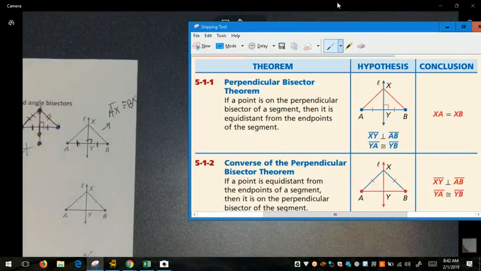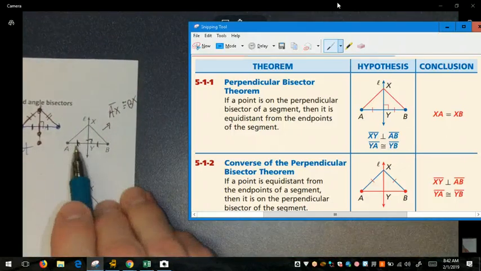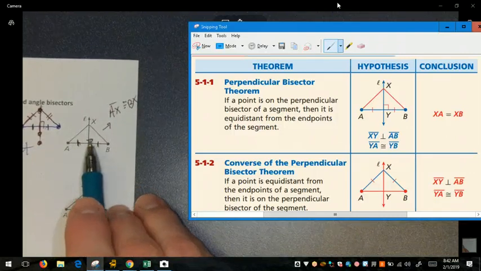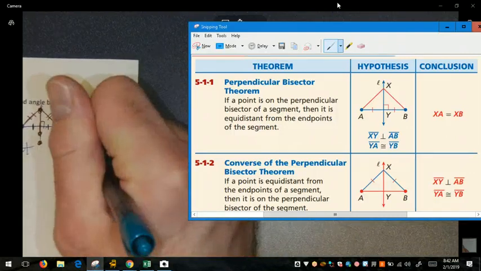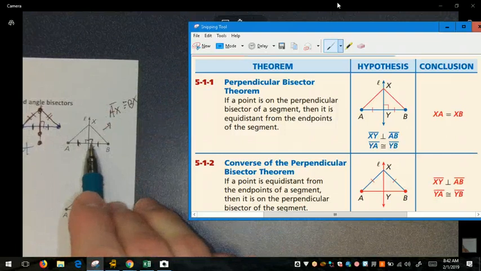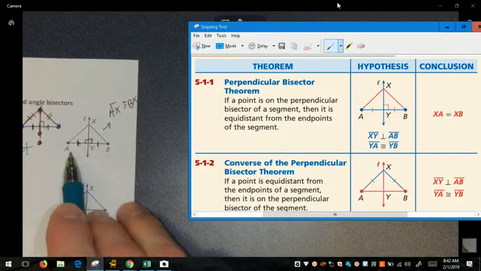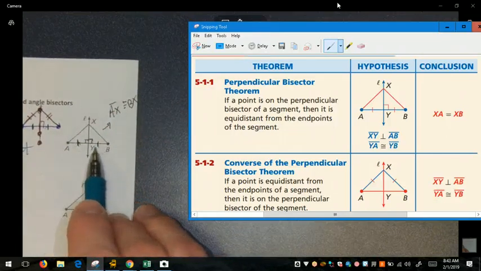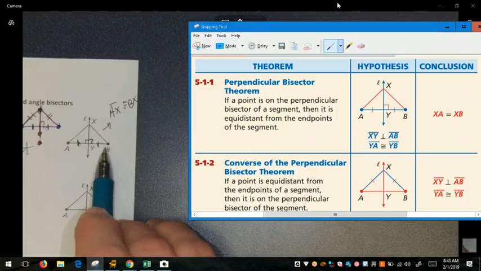We could prove this very easily, because if we have a perpendicular bisector, we've got right angles, so we could prove that they're congruent by right angle congruence theorem. We have AY and YB congruent, be it by definition of bisector.